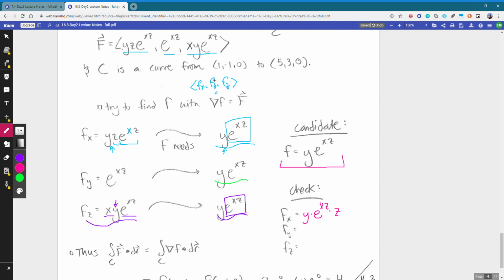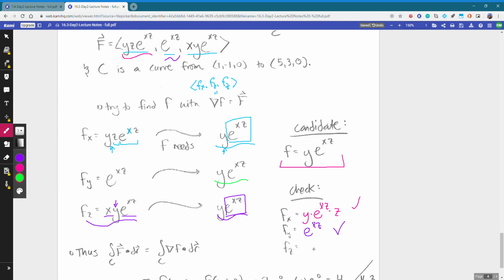And we compare that to our x component here, and yes, that checks out. Next, partial with respect to y of f, the y just goes away, e to the xz, and comparing that with our y component, that checks out.